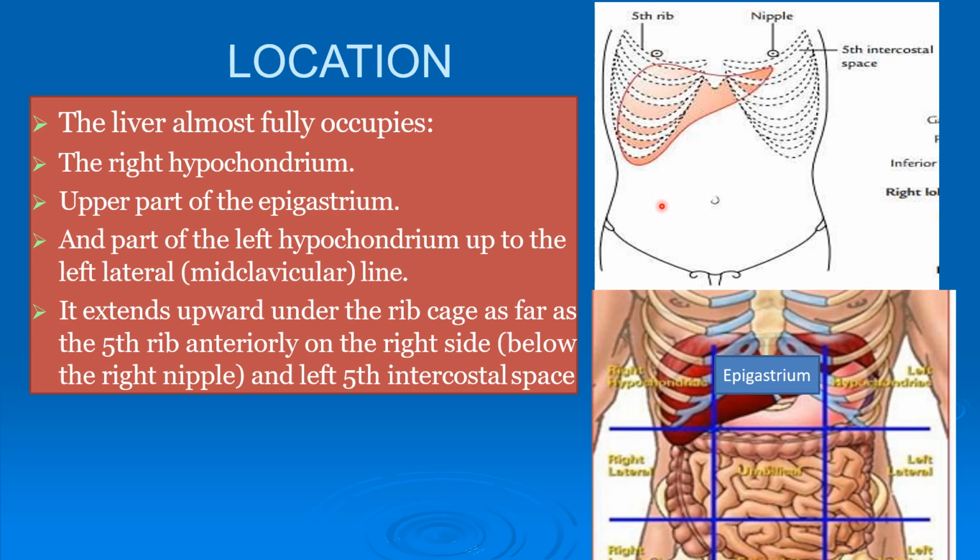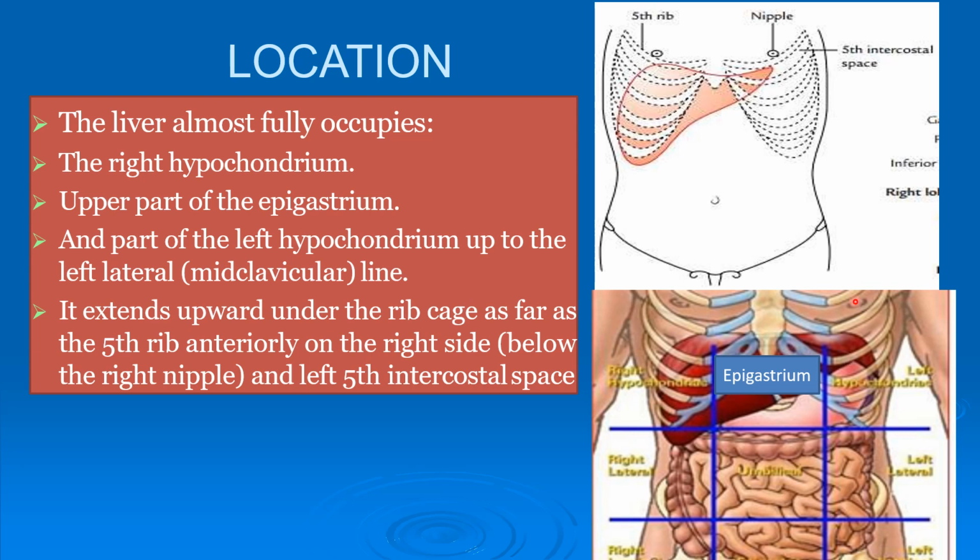In this picture you can see the different regions of the abdomen. This is the right hypochondriac region. Here this space is the epigastrium and this space is the left hypochondriac region. The liver occupies almost all of the right hypochondrium, the upper part of epigastrium and the left hypochondrium up to the mid-clavicular line.